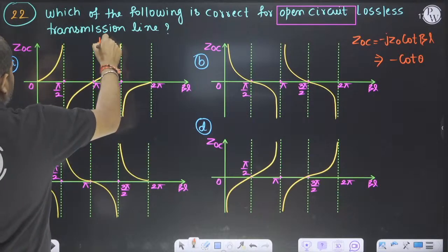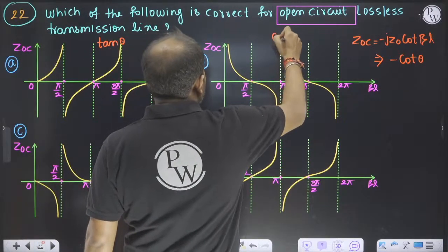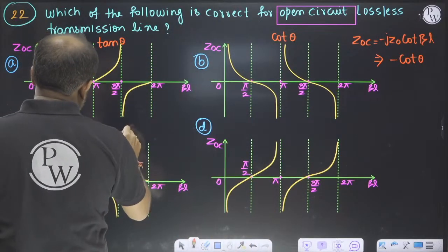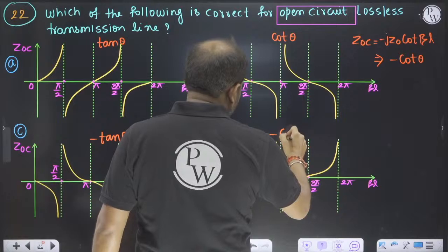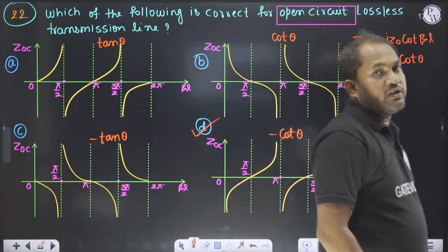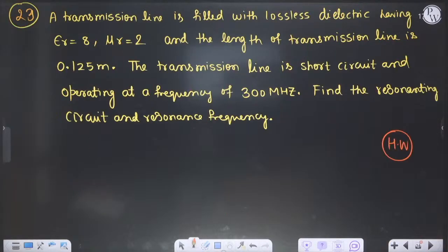This one is the graph of tan theta, this one cot theta, this one minus tan theta, and this one minus cot theta. So the graph of minus cot theta is correct. So option D is correct. Then we have the next question.